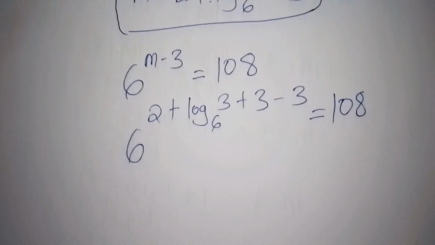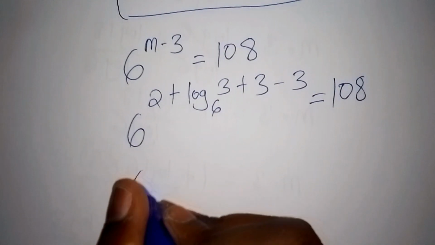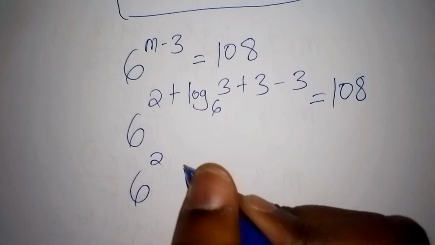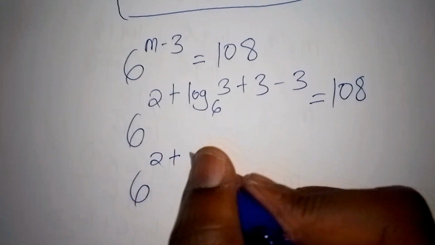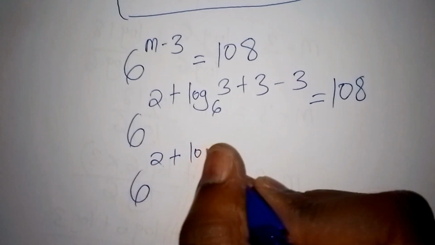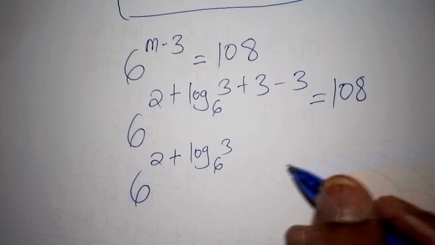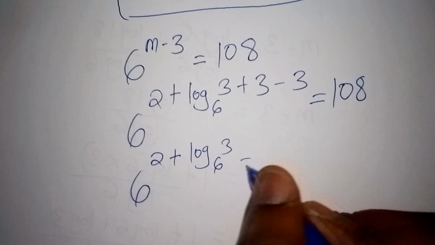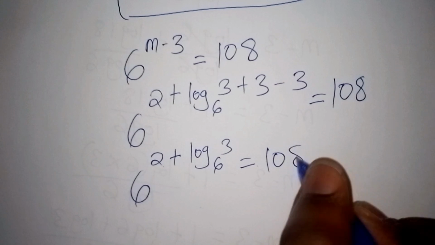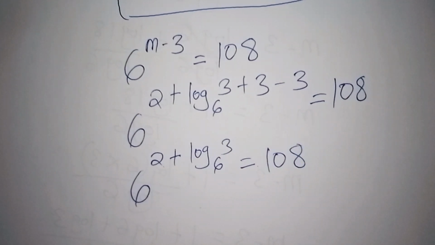So let's work it out now. Here we shall have 6 to the power of 2, then plus the log of 3 to the base of 6. 3 minus 3 is 0, so we don't need to write anything here, is equal to 108. So in this case we shall begin to work it out.